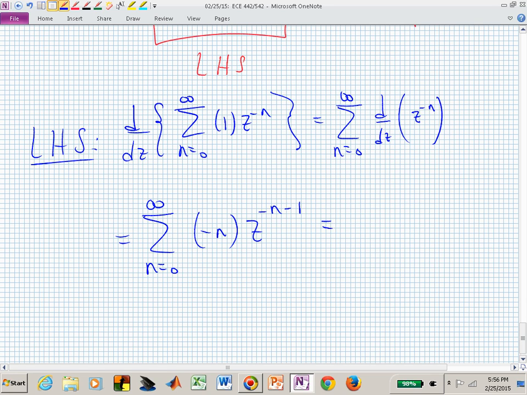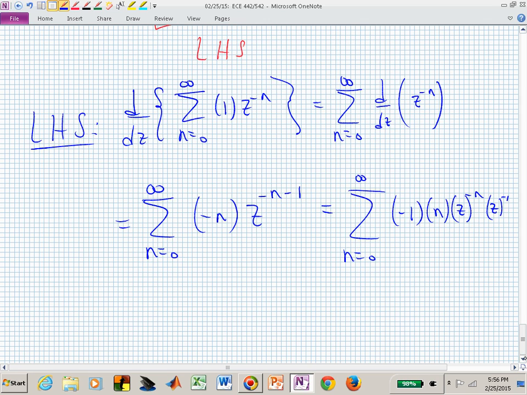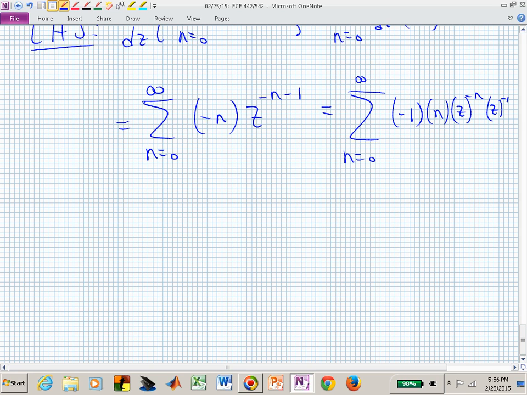And I can now rewrite that if I want to. I could say that's the sum from n equals 0 to infinity of minus 1 times n times Z to the minus n times Z to the minus 1. That Z to the minus 1 is independent of n.